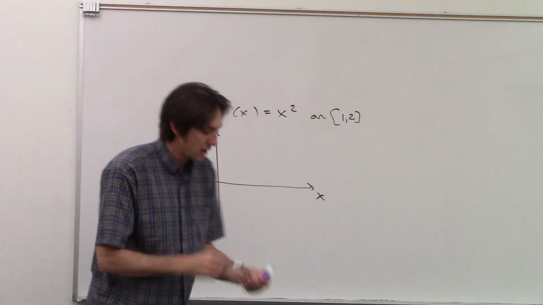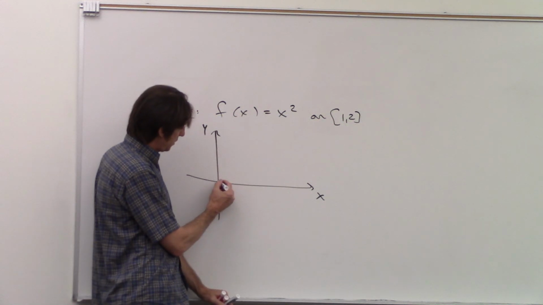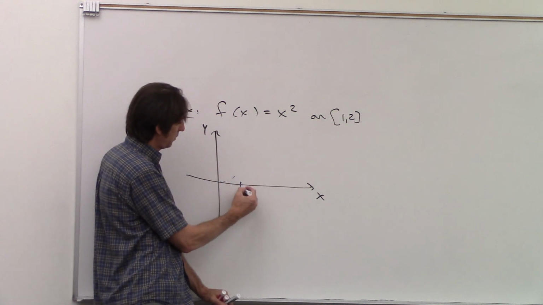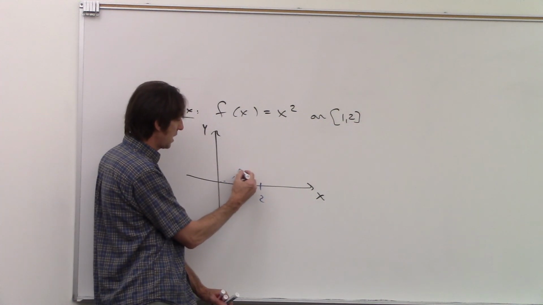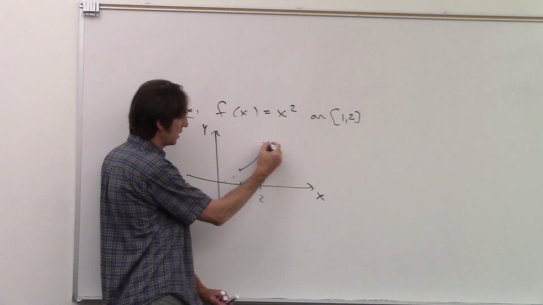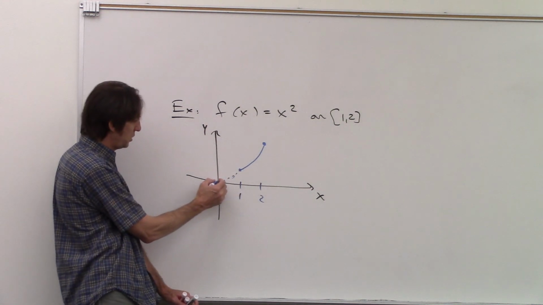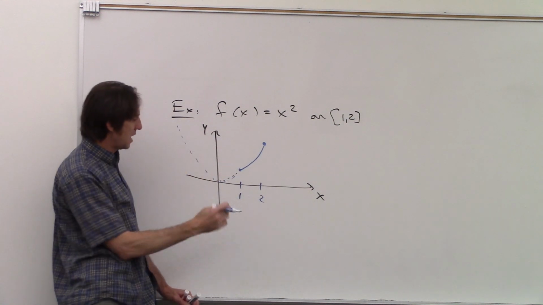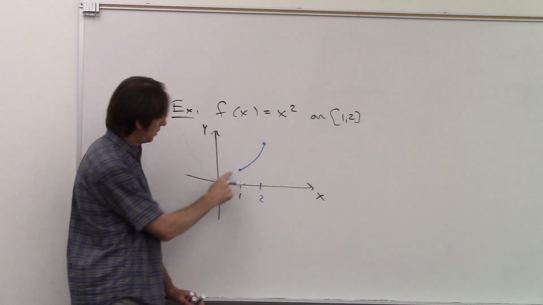I'm just looking at x values between 1 and 2. Let's say this is x equals 1, this is x equals 2. In this case, I'm only looking at a tiny portion of the parabola. The rest of it would be this dotted line, but I'm not considering that part this time.